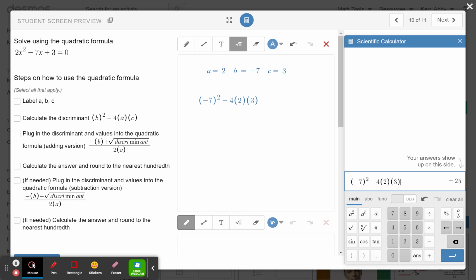You're going to get 25. Now, since our discriminant is positive, we know that we're going to have 2 answers. So first thing you want to do is hit division, opposite of our -7. SQRT gets a square root, 25, and then 2 times 2.